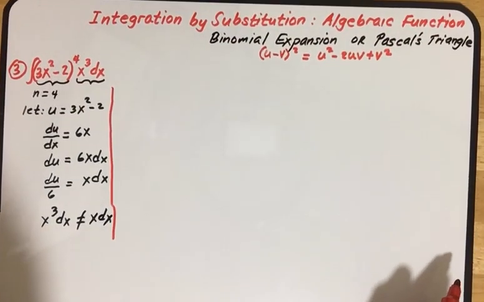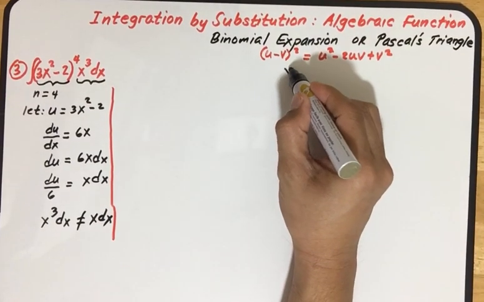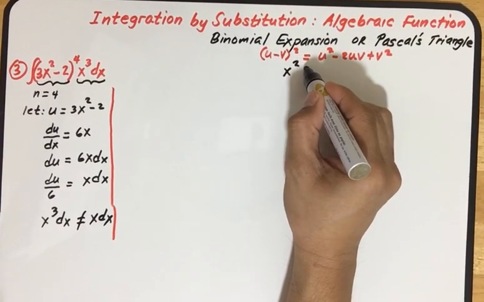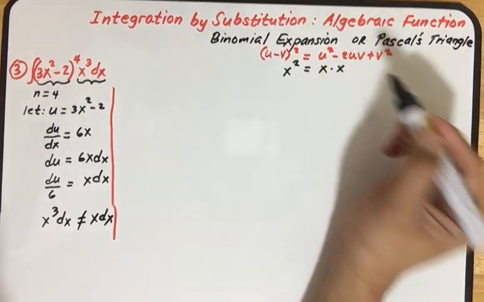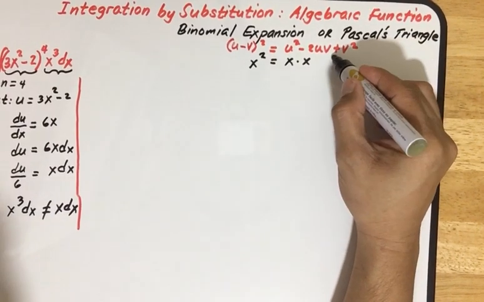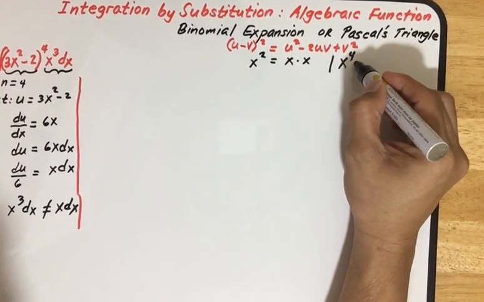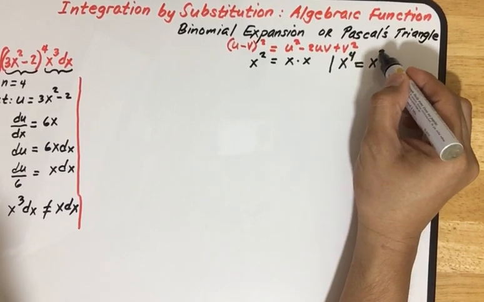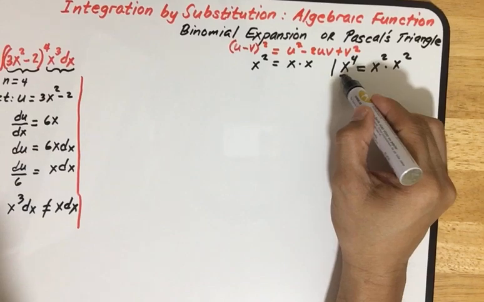We have that concept learned from our algebra. And if you have x squared, this is just the same as x times x. And if you have x to the power 4, this is just the same as x squared times x squared. So we will use this concept here.